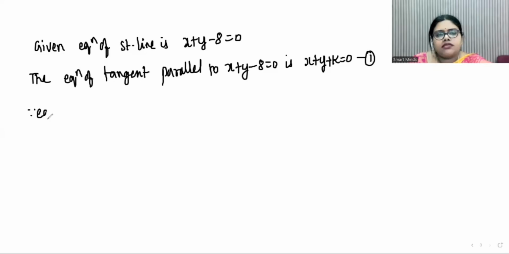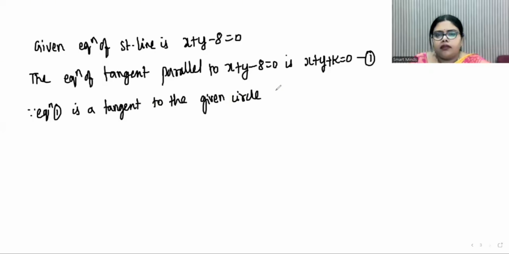Now since equation number 1 is a tangent to the given circle, then what is the condition? Whenever a line touches the circle, condition is r is equal to d. That means radius is equal to perpendicular distance.